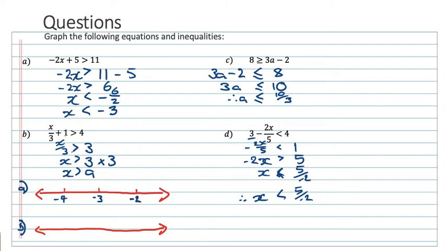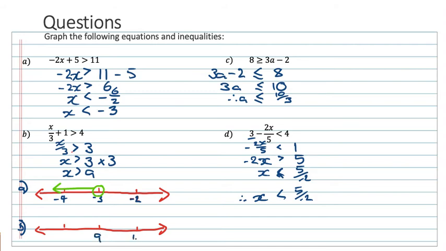Now the inequality says x is less than negative 3. So open circle, I won't fill it because it doesn't touch negative 3. It starts at negative 3. And it says less than, so x is equal to all of the values to the left of negative 3. Over down in B, we have x is greater than 9.